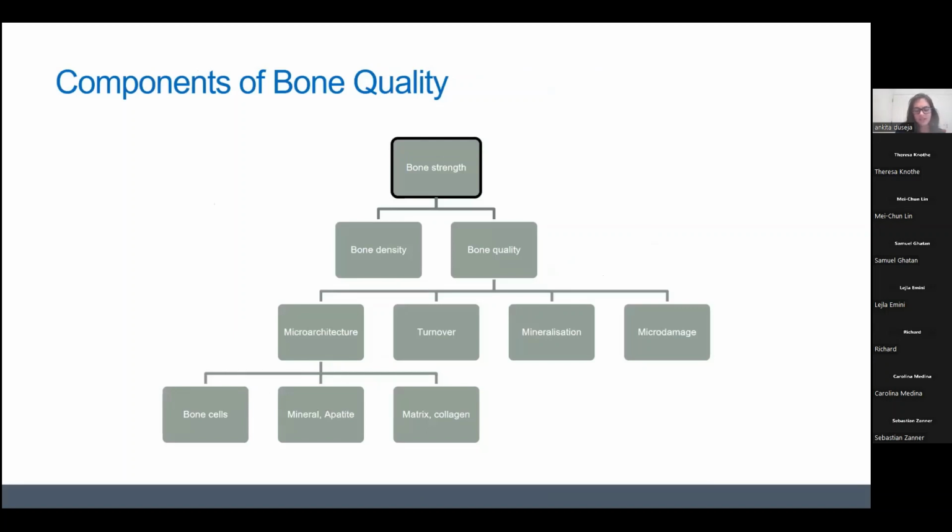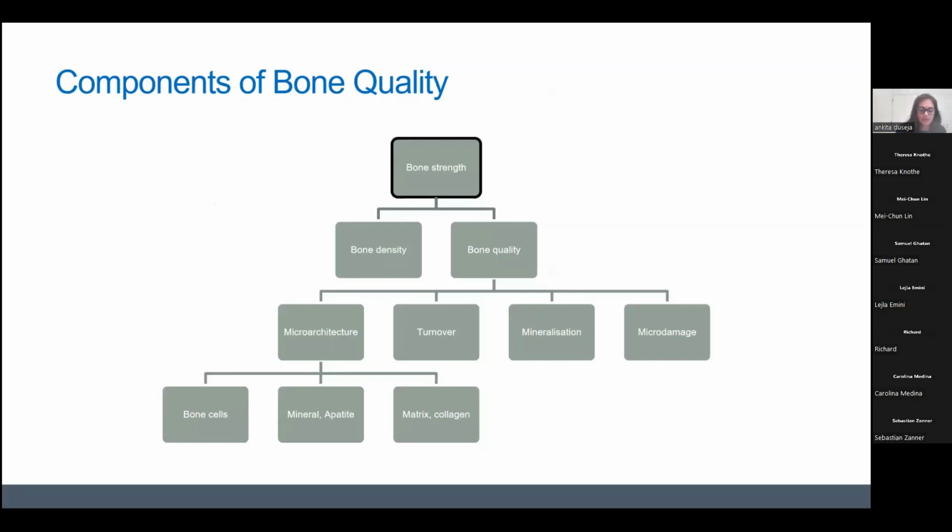So when we try to understand the strength of the bone and the likelihood of it fracturing, we need to think beyond bone density, and we also need to be thinking about bone quality. In type 1 and type 2 diabetes, it is quite likely that there's a big alteration in the bone quality.